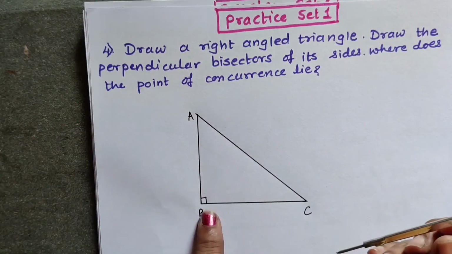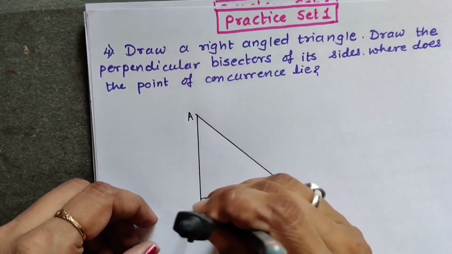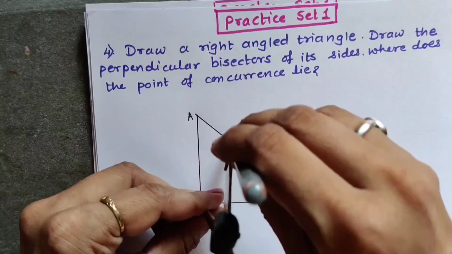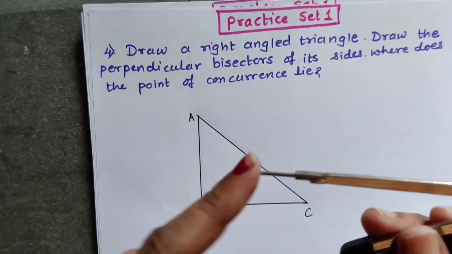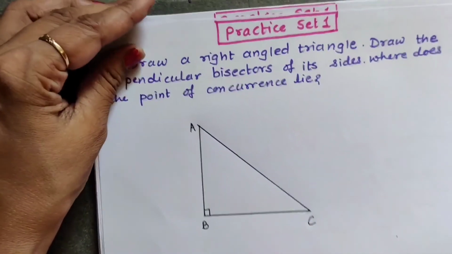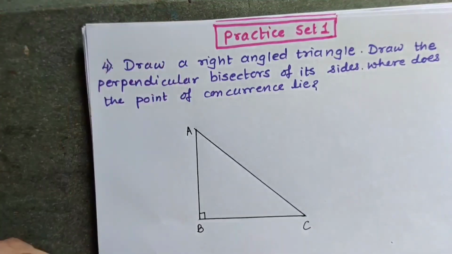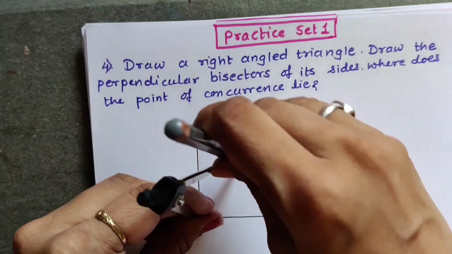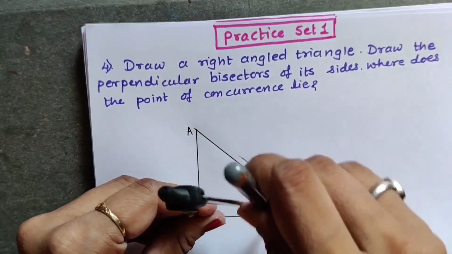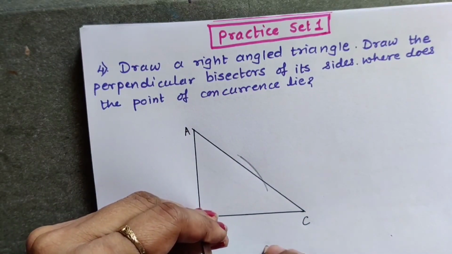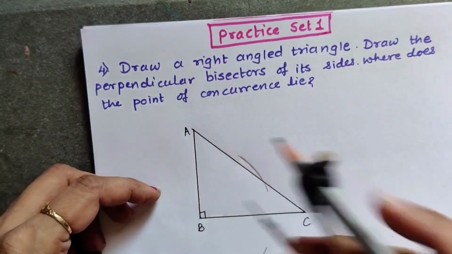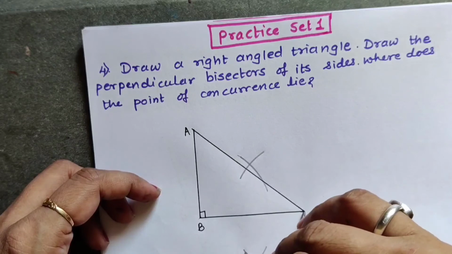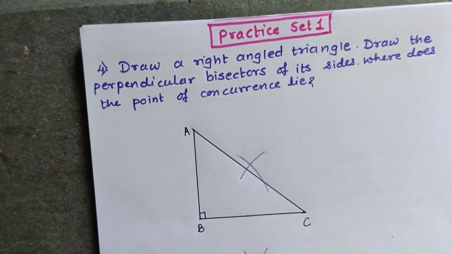We will first draw the perpendicular bisector of side BC. We take more than half distance in the compass and then placing our pointer properly on point B, on vertex B, and we will be drawing arcs above and below of side BC. Similarly, from point C also I will be drawing other two arcs which intersect the first two arcs.